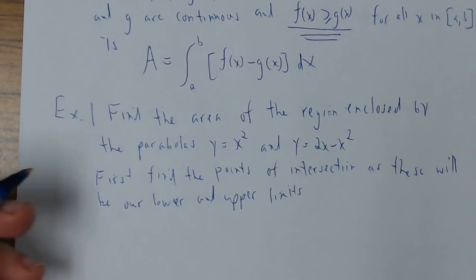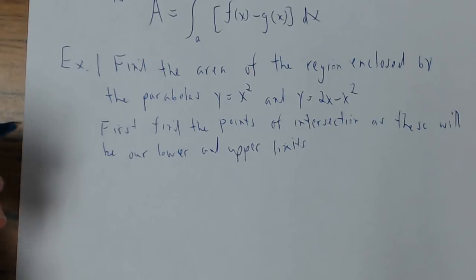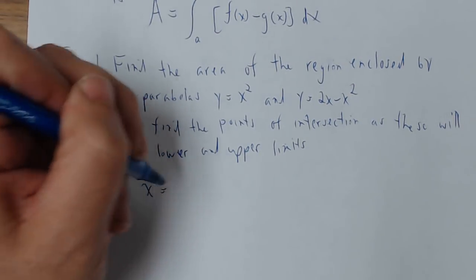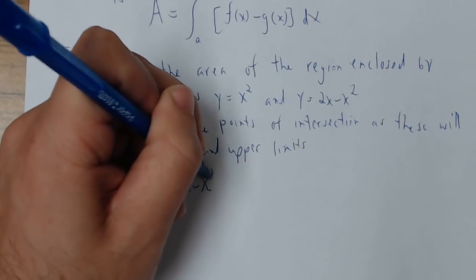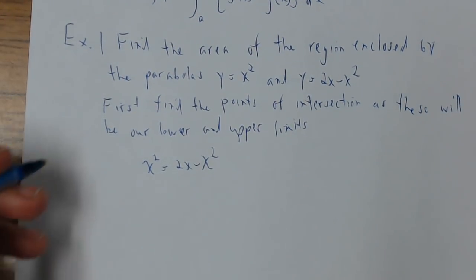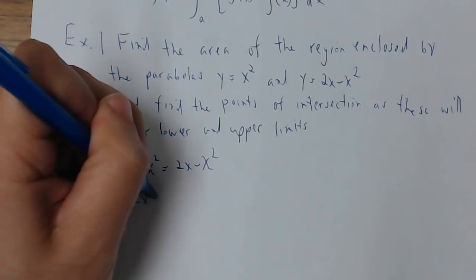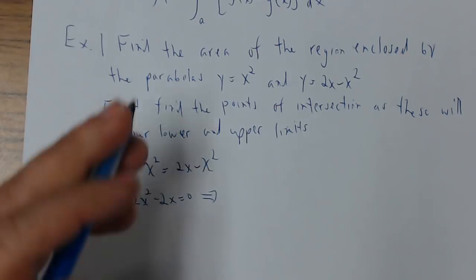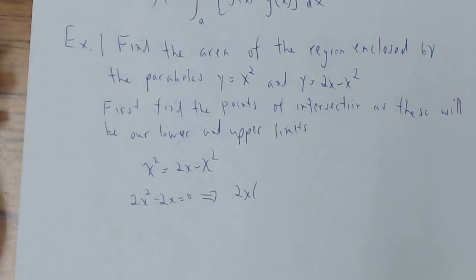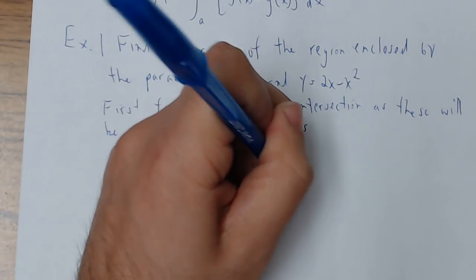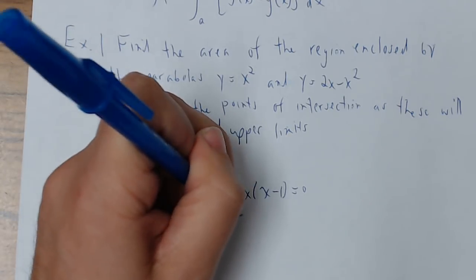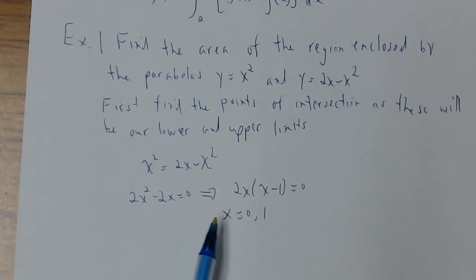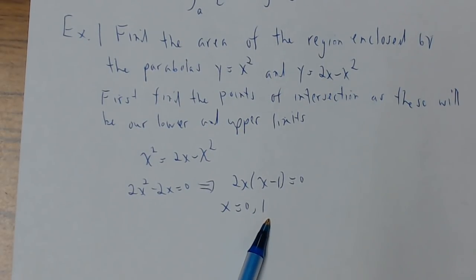Okay, so that shouldn't be too difficult to do. I mean, you guys should be pretty good with this. So through substitution, what could we say? x squared equals 2x minus x squared. And so what does that mean? We have 2x squared minus 2x equals 0, which implies if I factor out a 2x, I get 2x times x minus 1 equals 0, which means x equals 0 and x equals 1. So we could see that our lower limit is 0, our upper limit is 1.